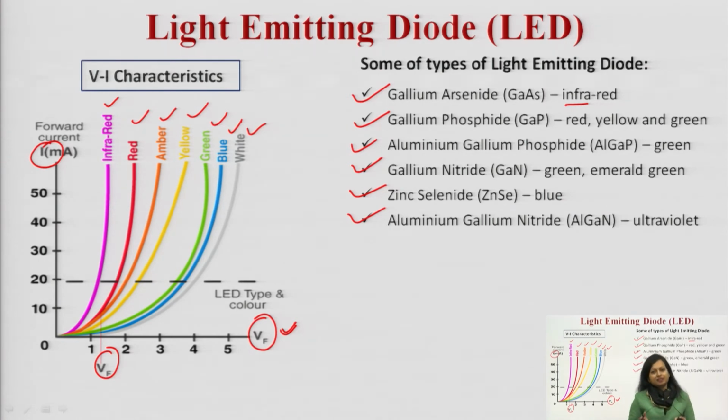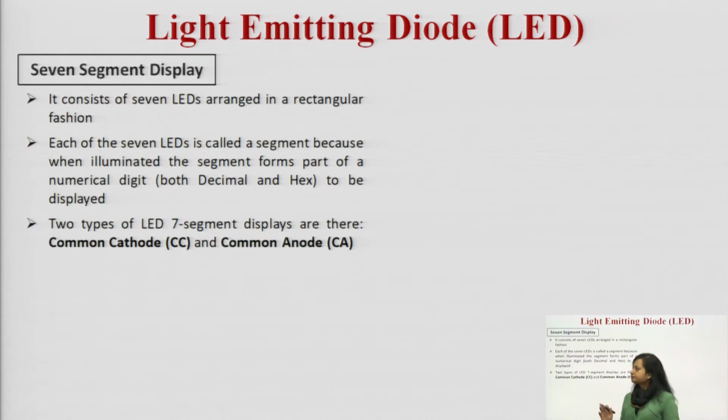So depending upon the different compositions of the compound semiconductor, different colored LEDs can be manufactured, and the characteristic curve is just similar to the one you draw in the case of the conventional PN junction diode. The only thing that varies is the knee voltage, depending upon the nature of the semiconductor material used. So I hope now these 2 points are clear: how to plot the characteristic curve and why you observe the different colors over here, right.